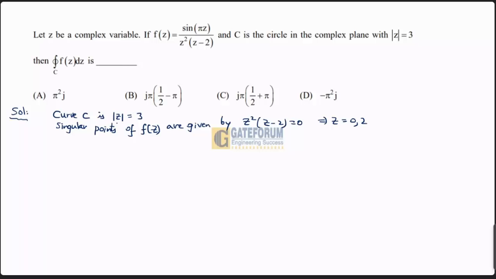When you substitute each point in the left hand side of the equation, that value is less than the right hand side value. Right hand side value is 3, left hand side value is mod 0, mod 2.